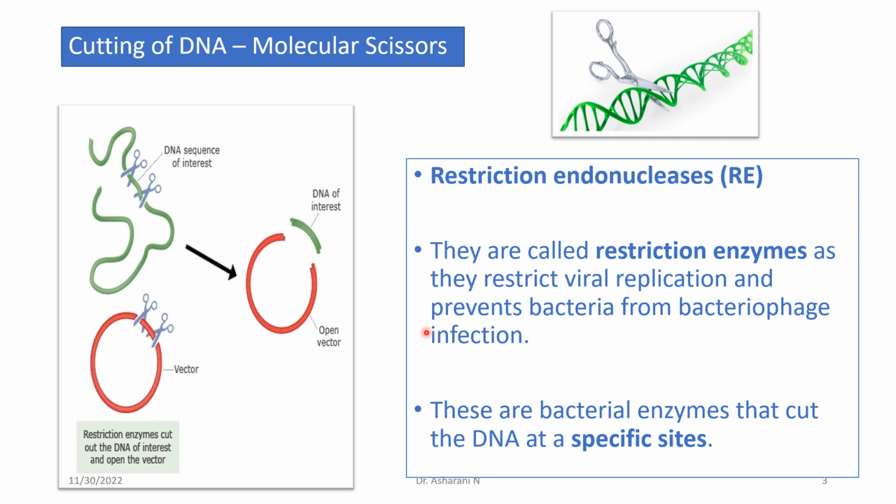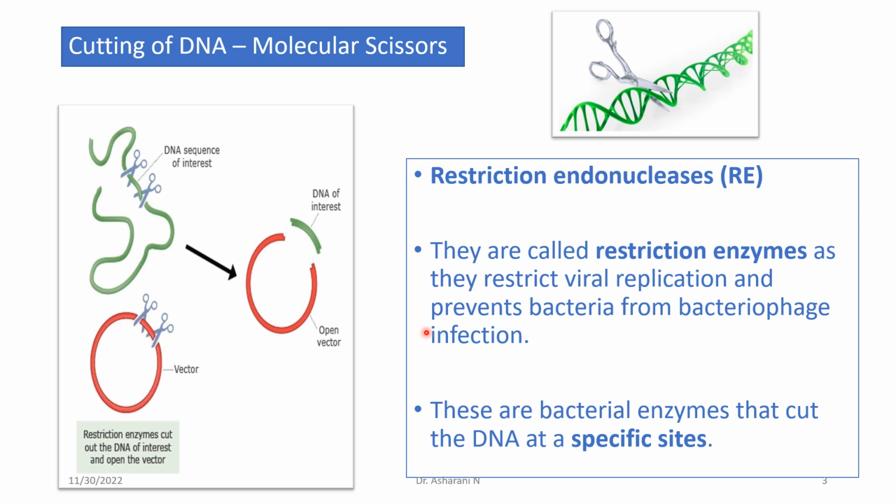These restriction endonucleases are called restriction enzymes because they restrict the viral replication in a bacteria, thereby preventing viral infection to the bacteria. That's why they are called restriction enzymes. One of the important points you have to remember is that these restriction endonucleases are very specific in their action.